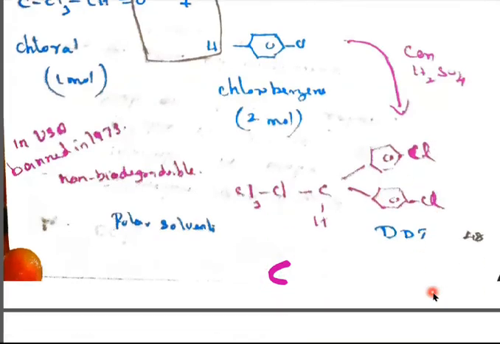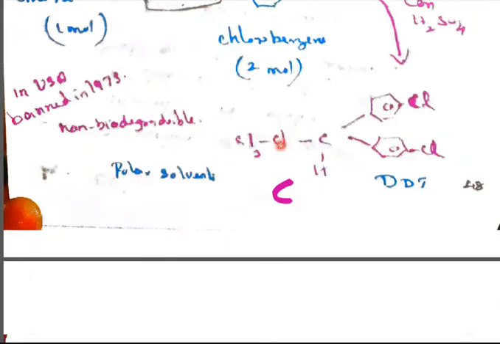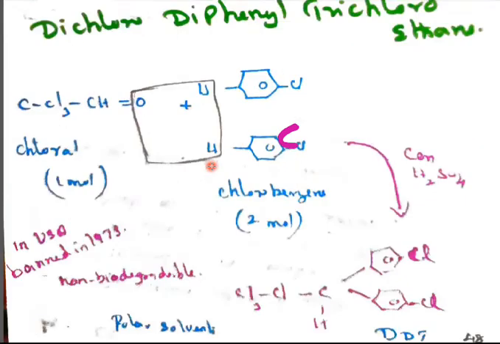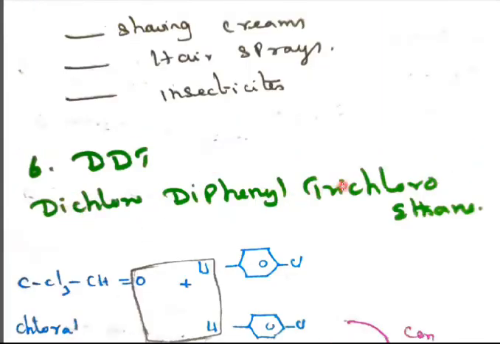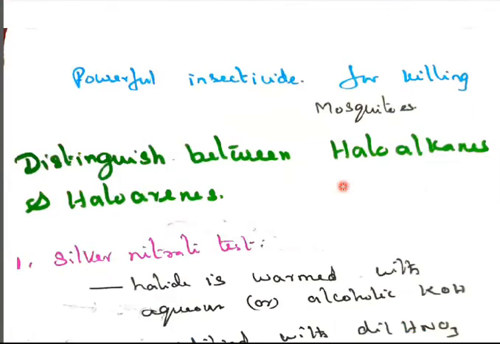It is DDT. Sorry for the mistake, this line should not come, only a single bond between C and C. It is diphenyl trichloroethane; 2 carbons are there, so it is called ethane. Name of the compound is diphenyl trichloroethane. It is a powerful insecticide, especially for killing mosquitoes.